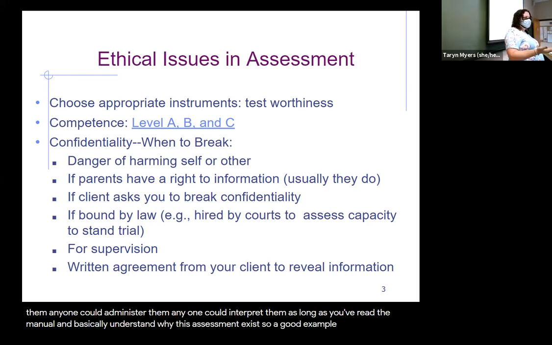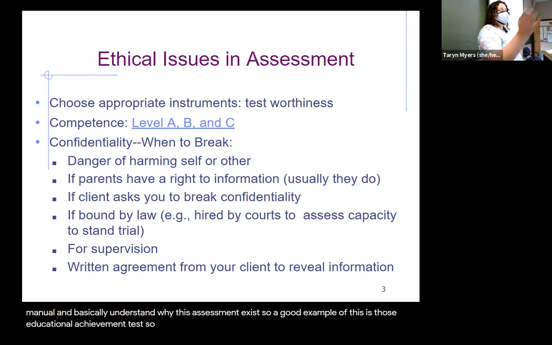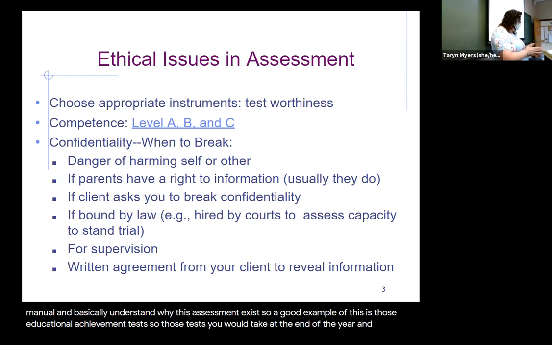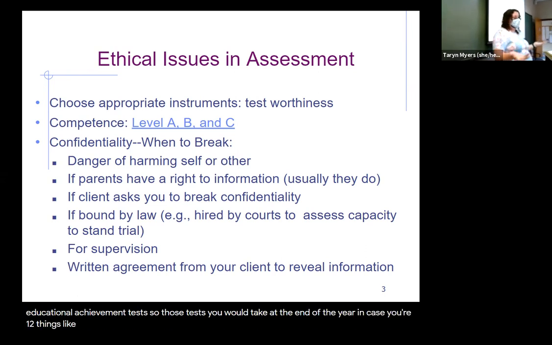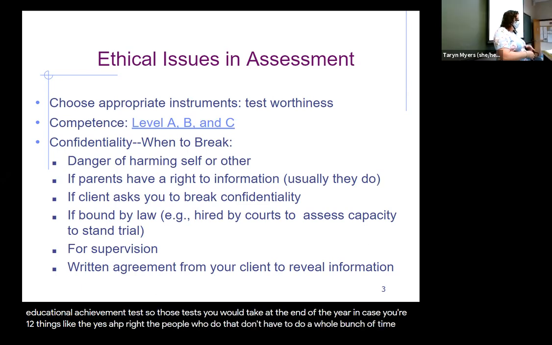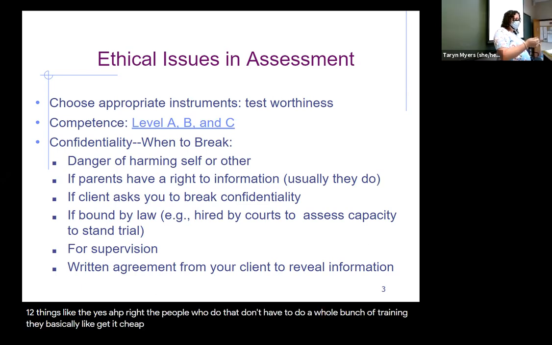A good example of this is those educational achievement tests, the tests you would take at the end of the year in K-12, things like the SAT. The people who do that don't have to do a whole bunch of training. They basically get a sheet and read it. That's a level A.